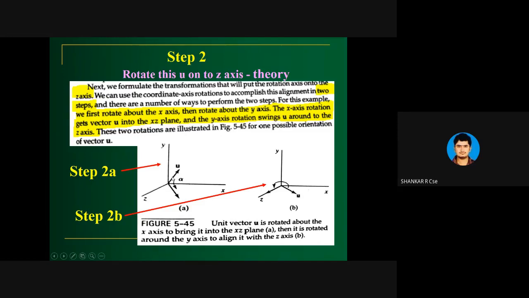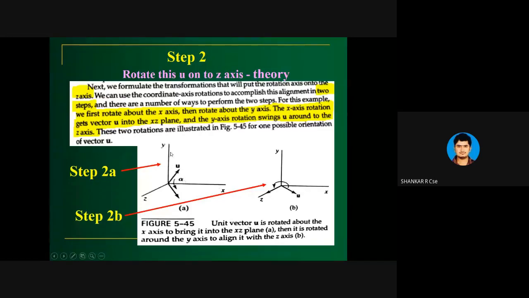Simply you cannot put it onto the z axis in one shot. Since it is a 3D space, the moment you rotate, you're actually taking into consideration the x-axis as well as the y-axis. So step 2a is somehow make this u rotate anti-clockwise and pull it to the xz plane.